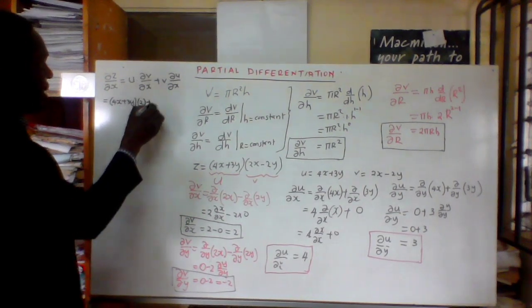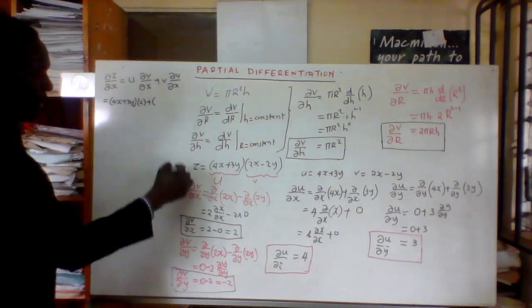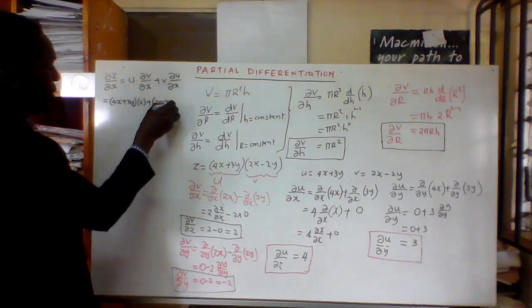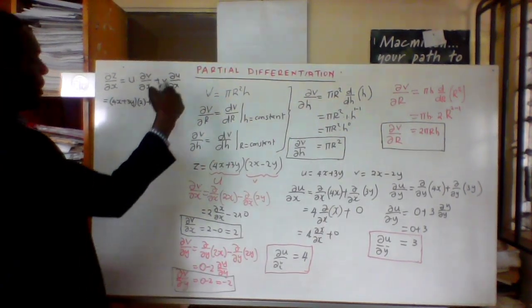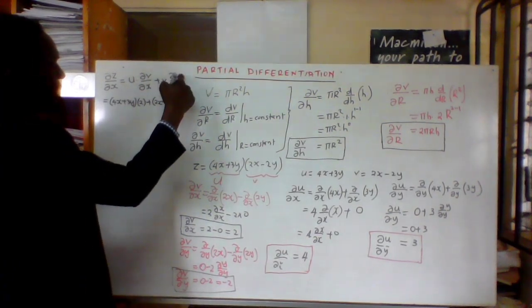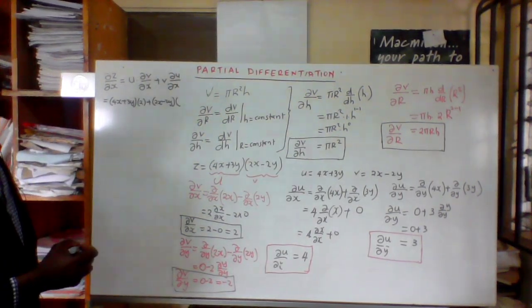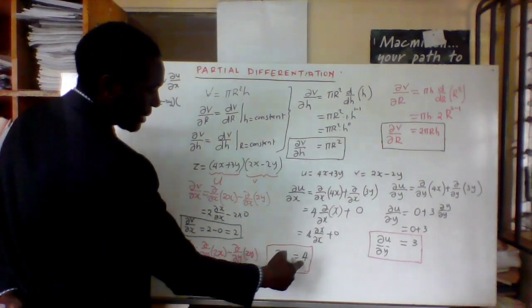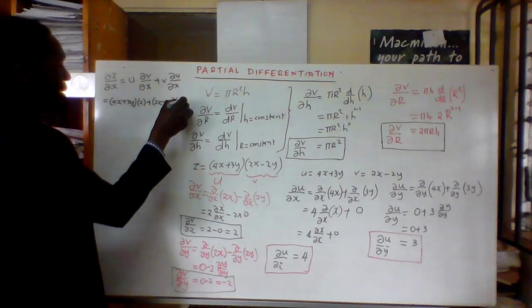We add v, the second term in z, which is 2x minus 2y. We are multiplying that by the partial derivative of u with respect to x. Partial derivative of u with respect to x is 4, so we multiply this by 4.